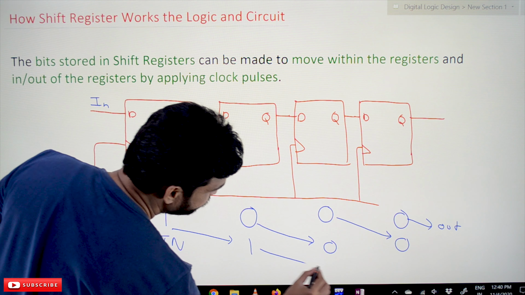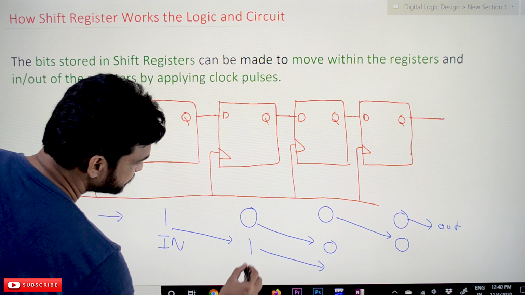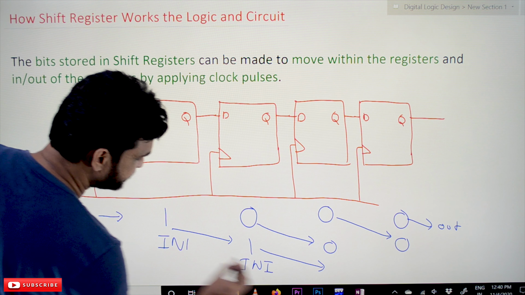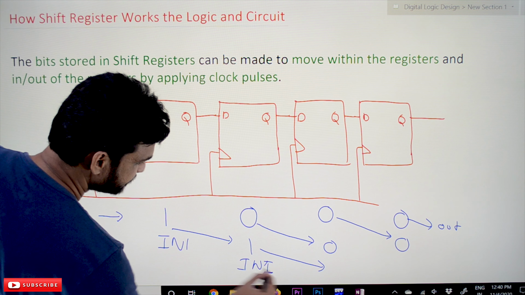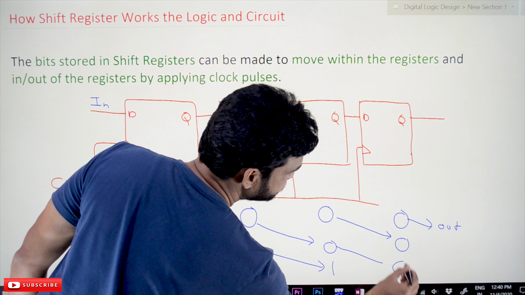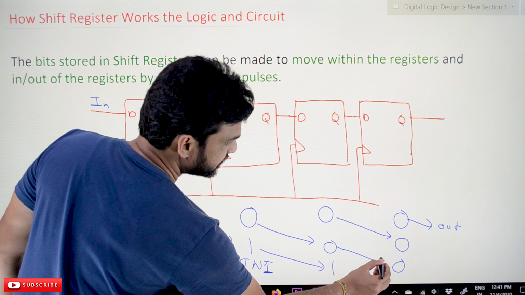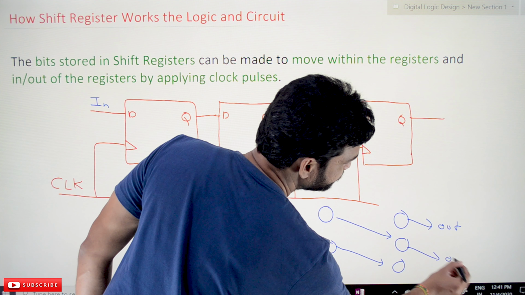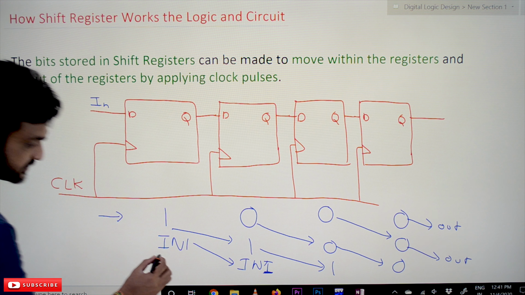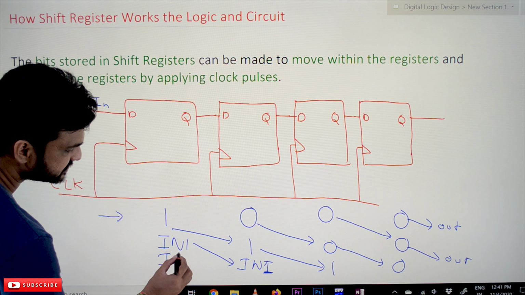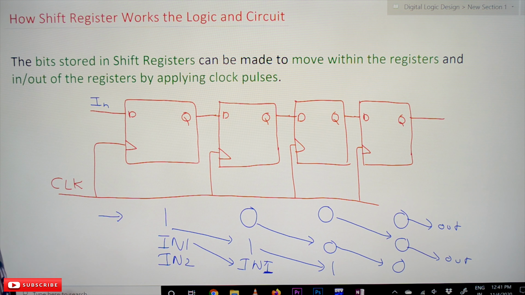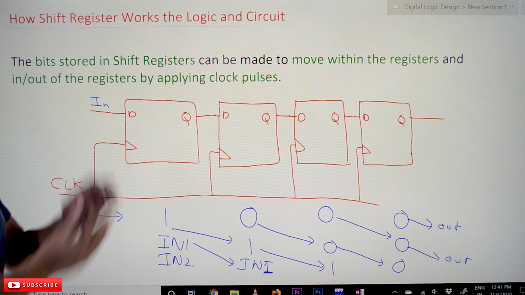This one will move here, and assume that this is input 1, this input 1 will be shifted here, this 1 will move here and this 0 will move here, and this 0 will be out of the register. That's how it works, and the input 2 that is provided here will be stored in this register. So this is how the shift register works.